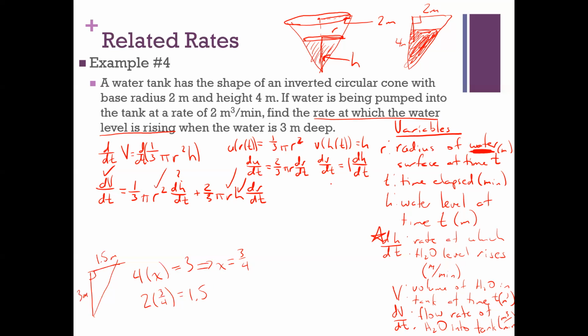We still have this dr/dt thing here. Can we do anything about that? I'm going to erase this to give myself some more space. Is there anything we can do with dr/dt? Yeah, a similar triangle can help with that too.